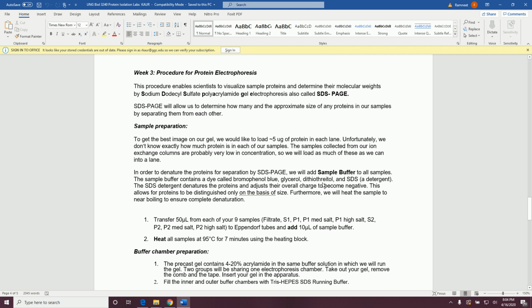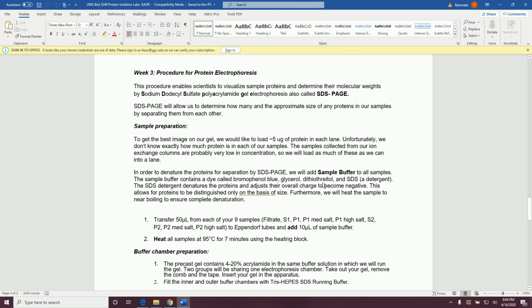And dithiothreitol is a reducing agent. It breaks all the disulfide linkages in the proteins, and it helps the proteins become straight chains. It's a very important point you must know: dithiothreitol is a reducing agent.